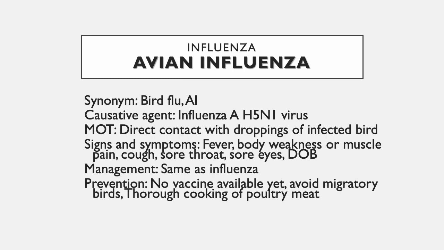Okay, it's because of avian influenza. Okay, so it can be felt as fever, body weakness, muscle pain. Then you also have cough, sore throat, and sore eyes. Then definitely respiratory, so difficulty of breathing may also be manifested.